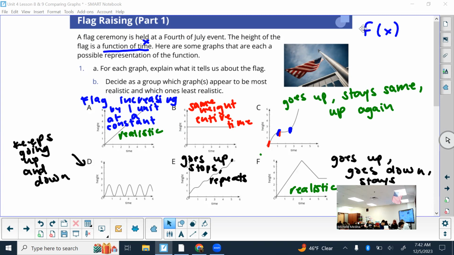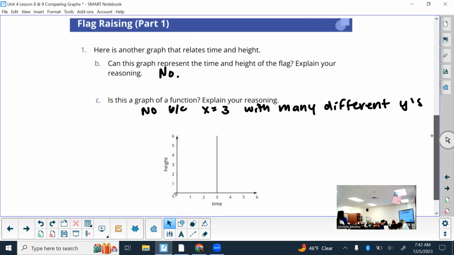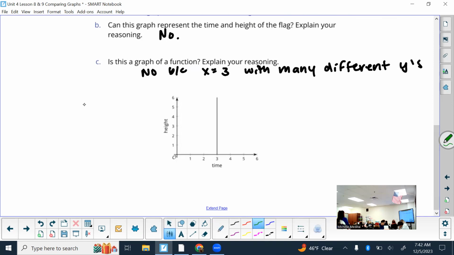Now, I'm going to introduce you to something that maybe you should jot down where there's free space. We've looked at functions when they're tables and when they're coordinates, where you really just have to look at the numbers. But when it's graphs, you might be better off using something called the vertical line test.